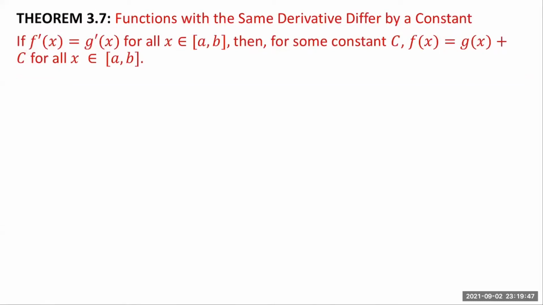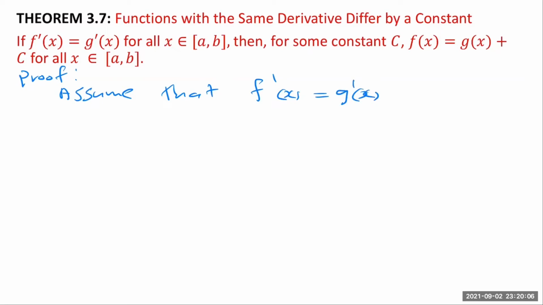We can quickly prove this theorem. So let's assume, proof. Assume that f prime of x is equal to g prime of x for x in the interval a comma b.